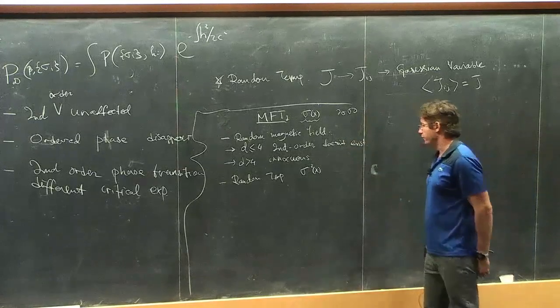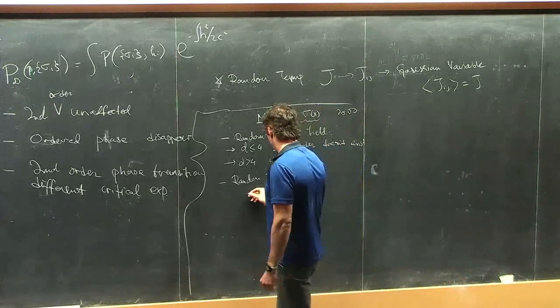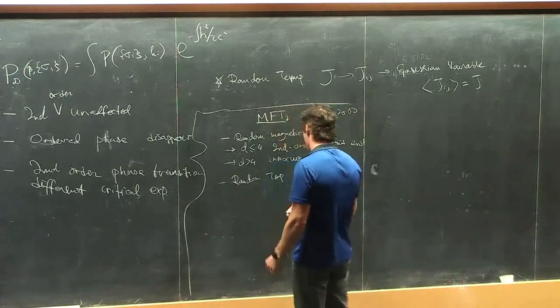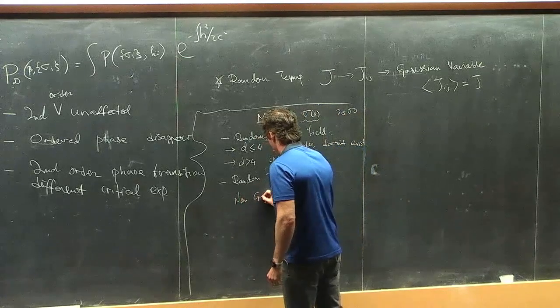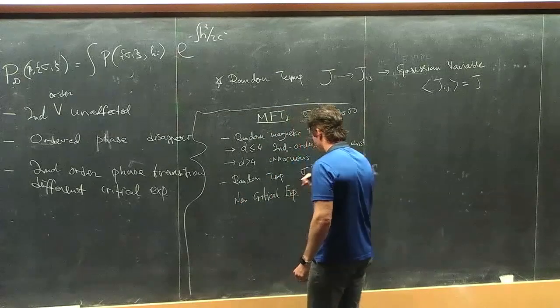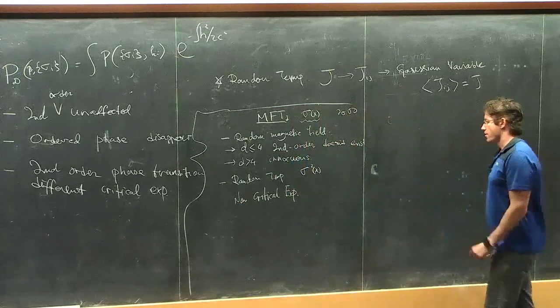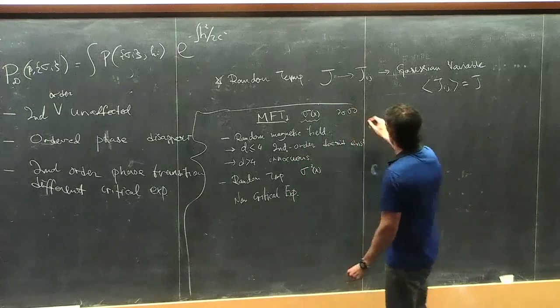The ordered phase won't disappear. So in general, in this case, you could solve the model exactly. There are new critical exponents, but the phase transition doesn't disappear. Okay, this is mean field theory.